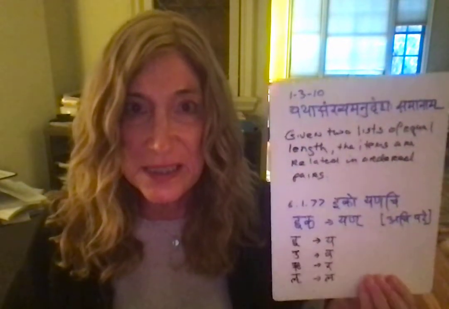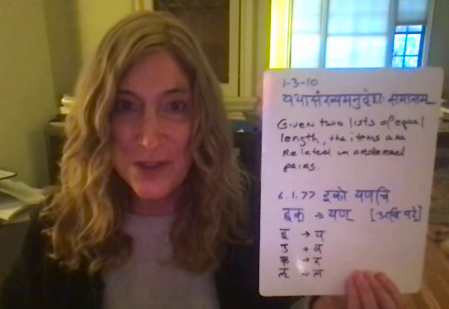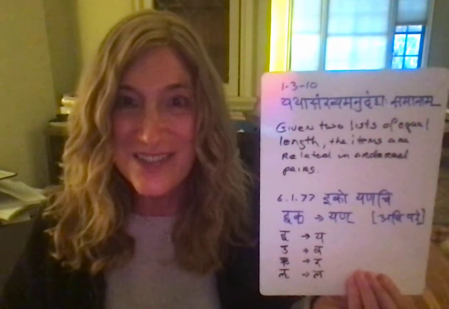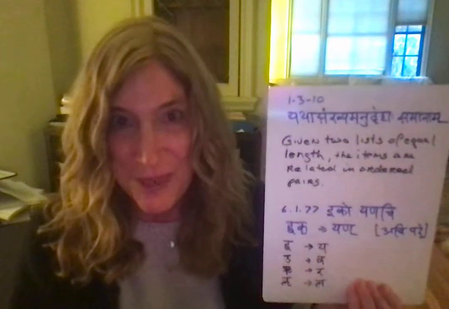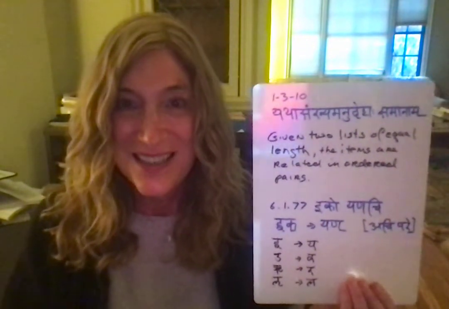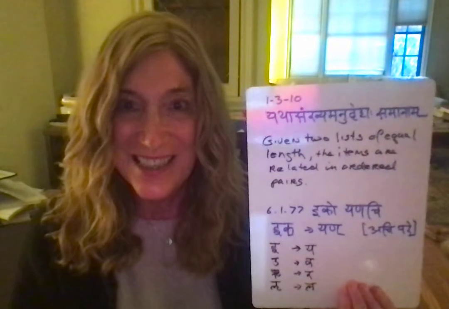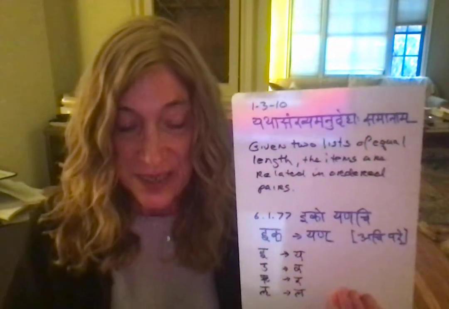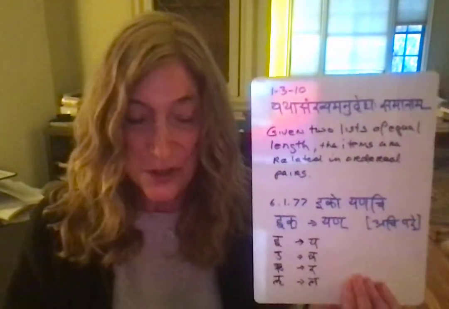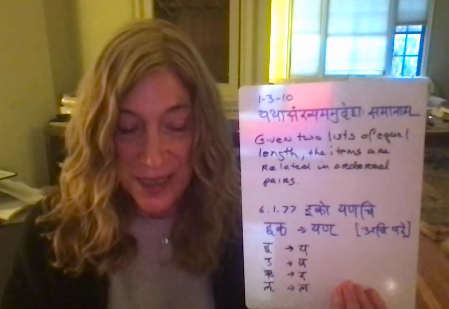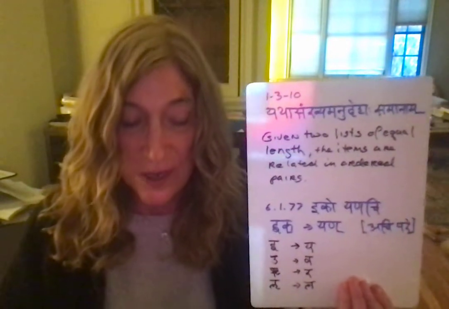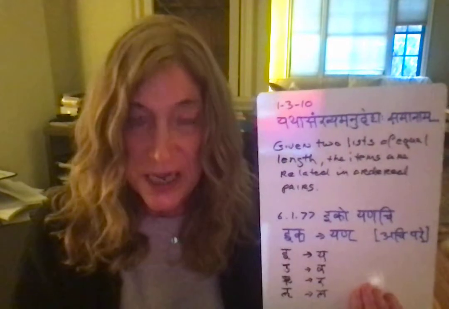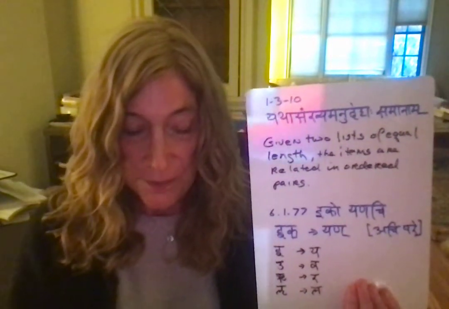A classic example of this that's often used by people demonstrating a vague awareness of the grammar is maybe the most famous Sandhi Sutra, ikoyanachi. So, achi pare ikahastane yan syat. When ik, that is i, u, r, l, is followed by a vowel, it's replaced by yan, that is ya, va, ra, la.